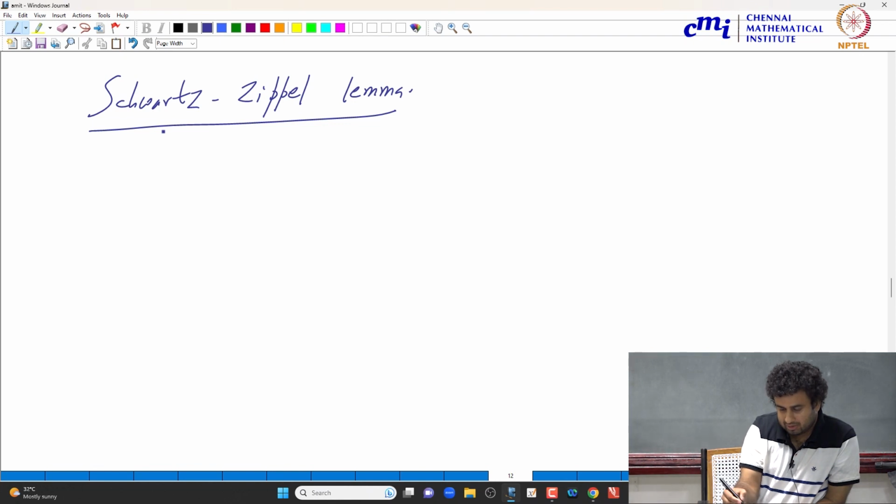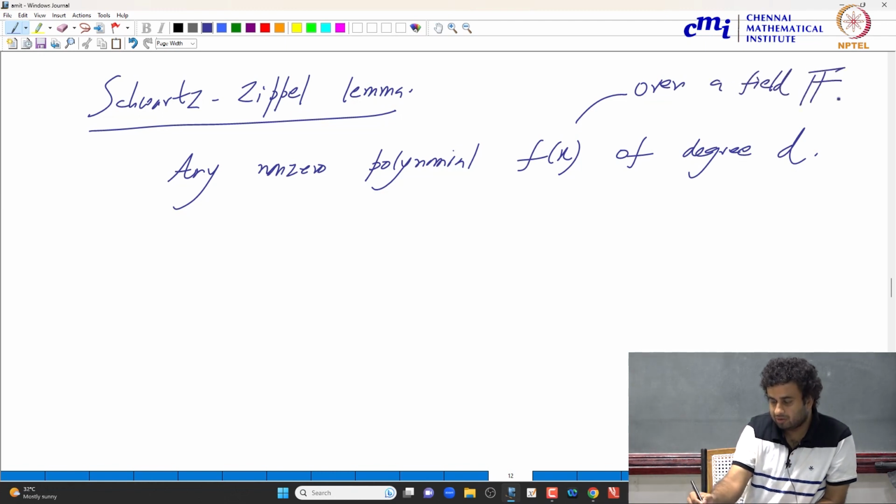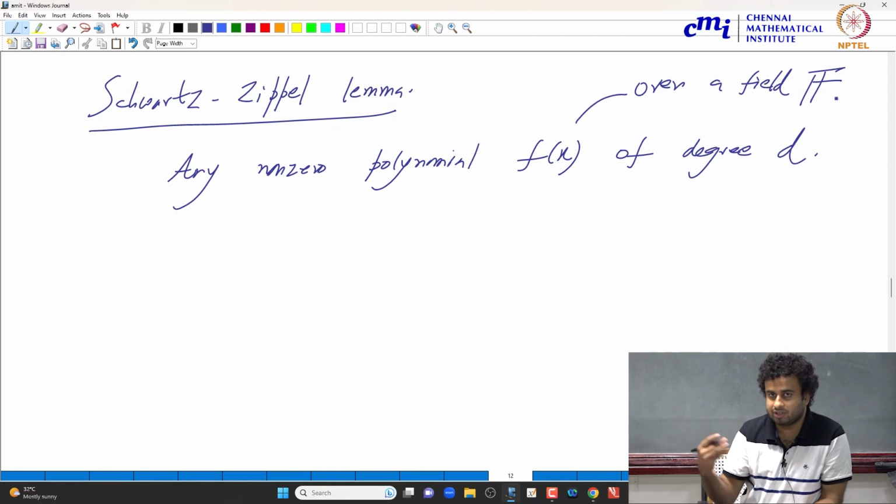This is a generalization of the familiar fact that any non-zero univariate polynomial f(x) of degree d, over a field F, has at most d roots. You know what a field is? You can think of it as rational numbers or complex numbers, where you can add, multiply, subtract and divide.